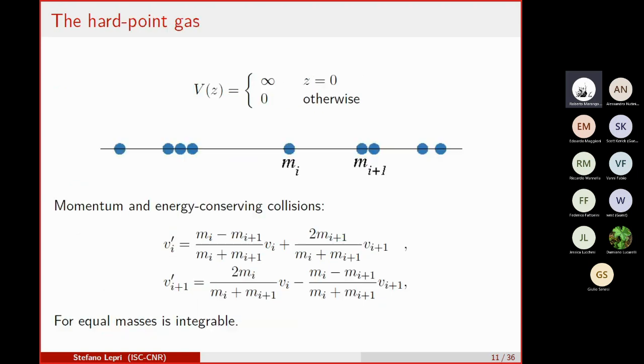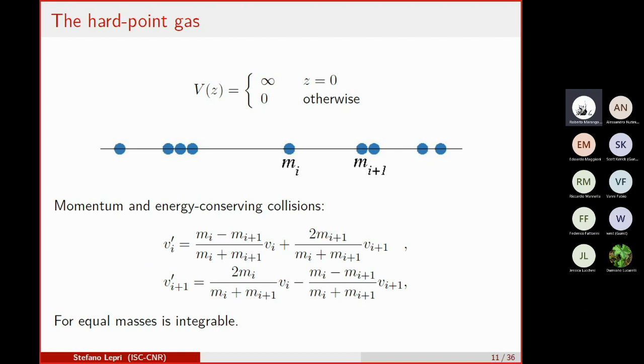There is another model that I will consider, which is in a sense the infinite energy limit of the Toda chain. So if the energy is very large, you just explore the exponential part, and in practice it's like having hard point collisions between particles.